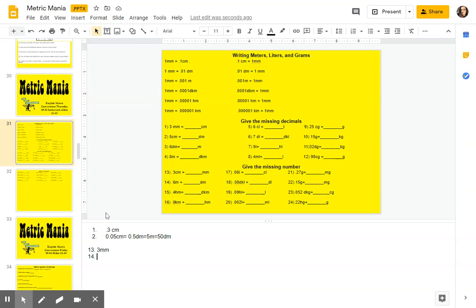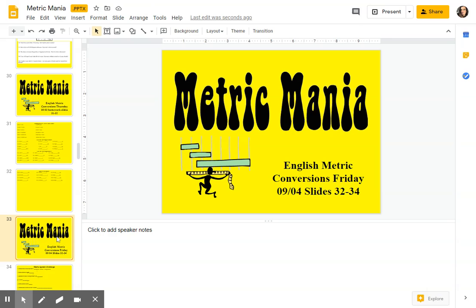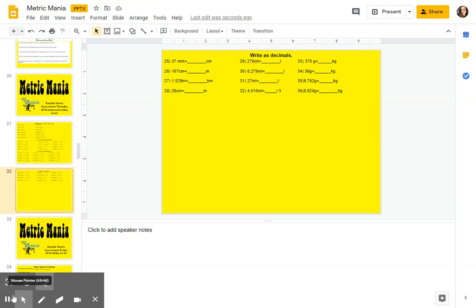Okay, so we have 6 meters equals, and we're moving it up, so we're going to move our decimal to the left, and we're going to come up with 60 decameters. Okay, I'll leave the rest for you to go ahead and figure out. All right, I think that would be about it for now.